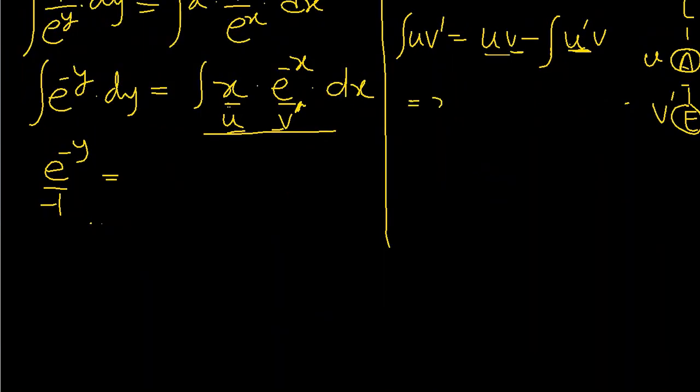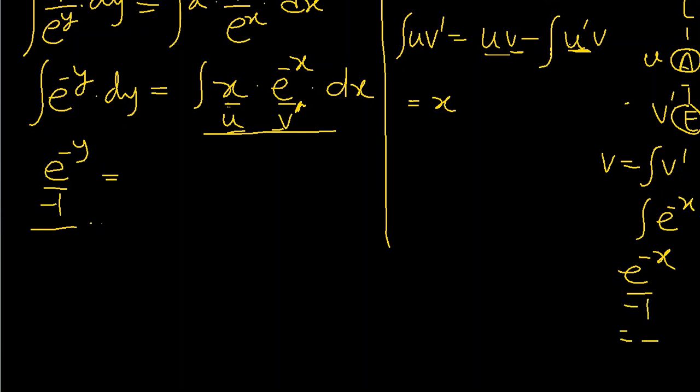So u is x, v is not known to us, but v prime is known to us. So v will be integration of v prime, so integration of e to the power minus x. And just like this part, we will integrate this as e to the power minus x over minus 1, which is minus e to the power minus x.